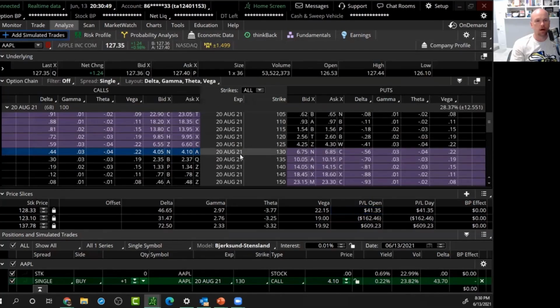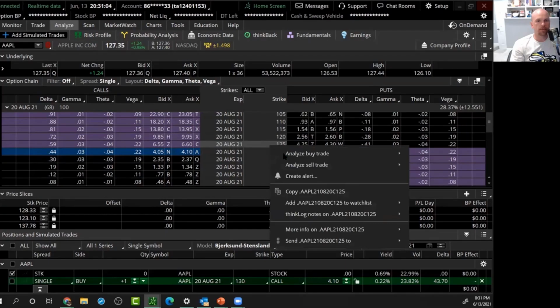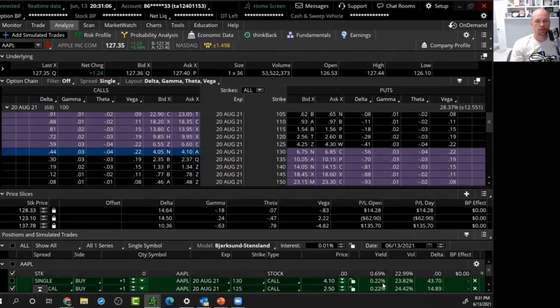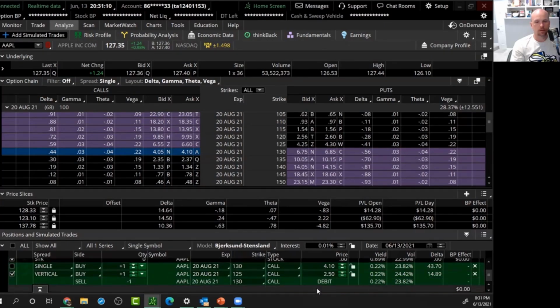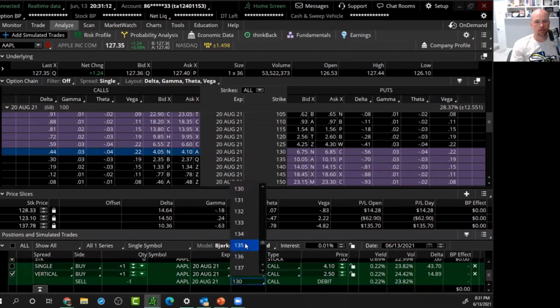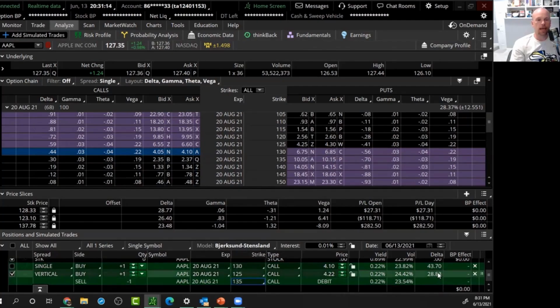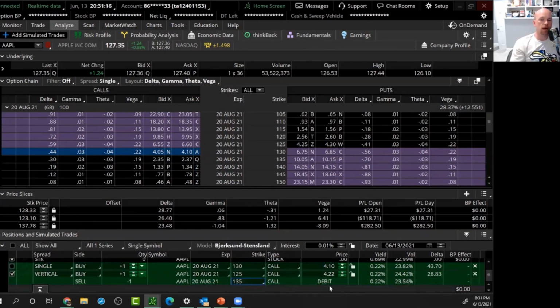So instead of doing the long call, let's do the 125 by 135. Gives us a delta of 28. So it's a $10 spread. We got a 422 debit.